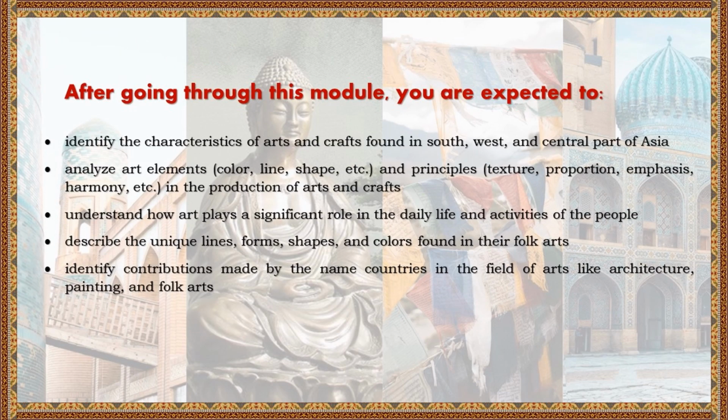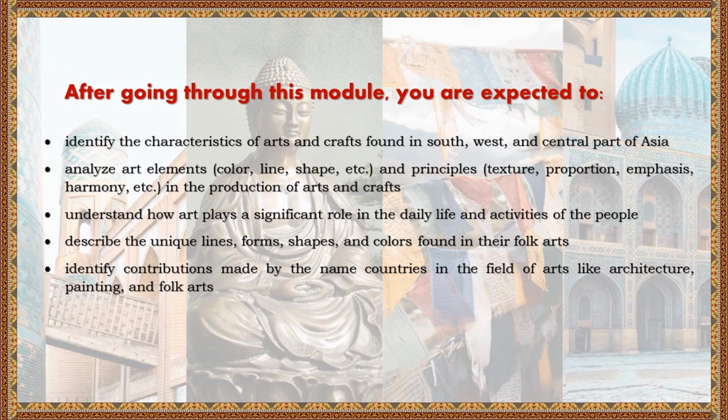After going through this module, you are expected to identify the characteristics of arts and crafts found in South, West, and Central parts of Asia. Analyze art elements like color, line, shape, and principles like texture, proportion, emphasis, and harmony in the production of arts and crafts.